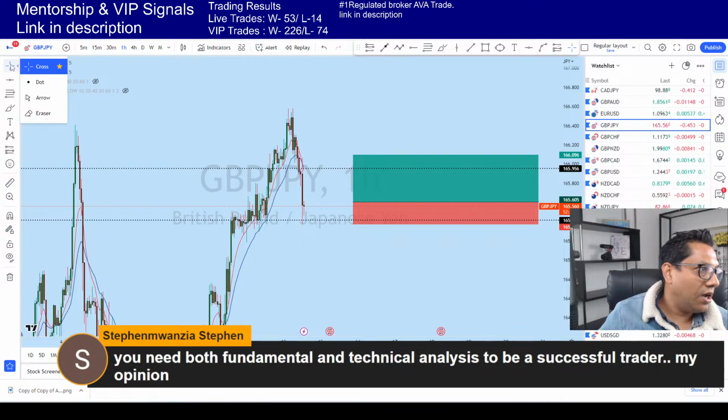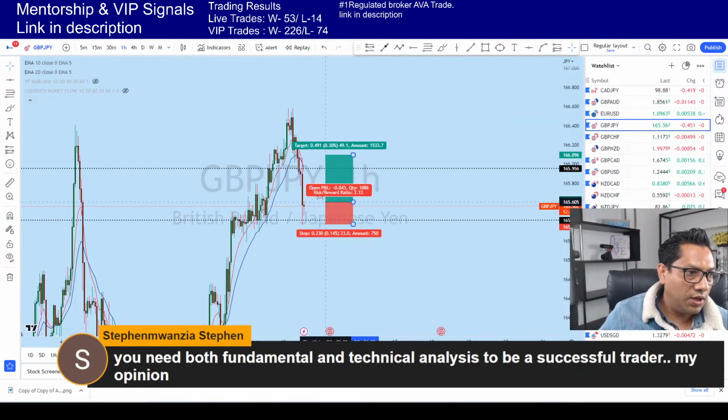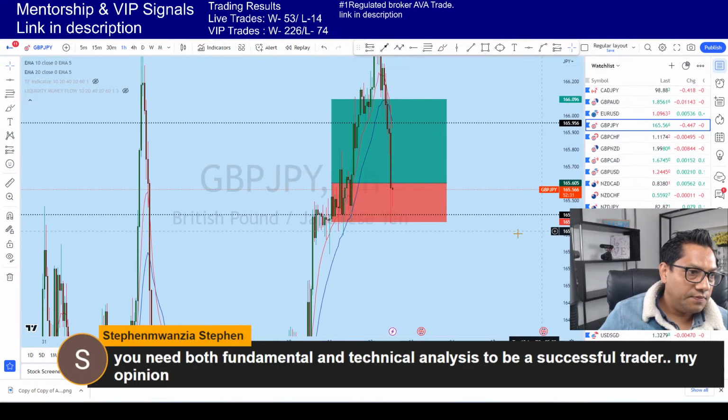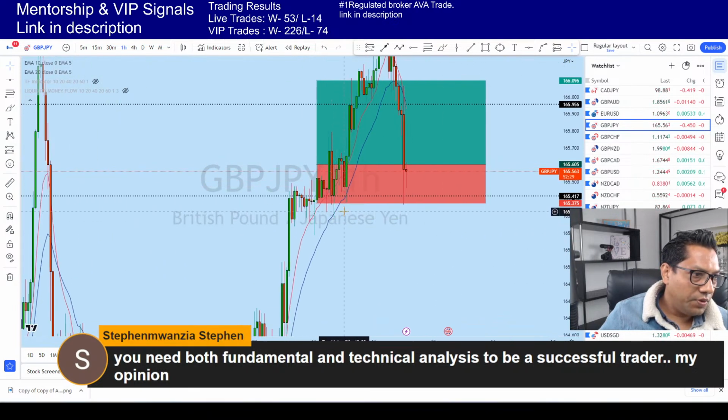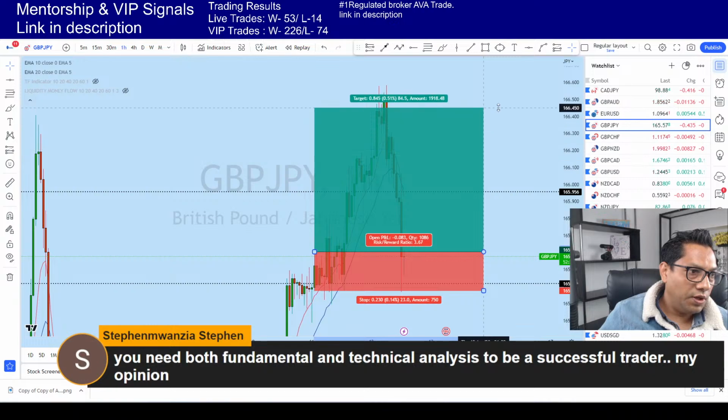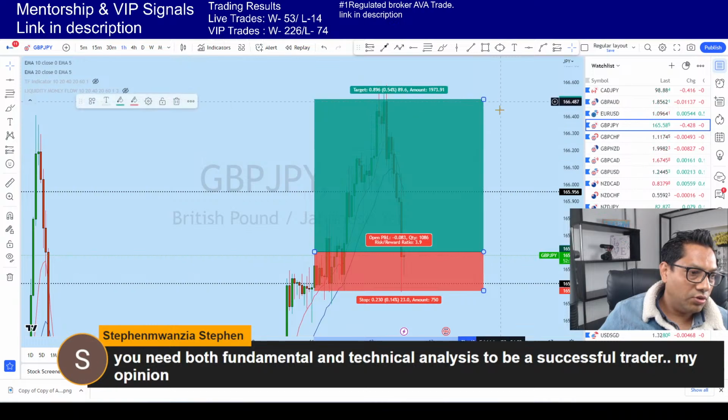Let me know in the chat how many of you were in this GBPUSD trade. You can see that from this zone we opened it from this 1 hour candle, and it in fact turned out to be a great trade to the upside.